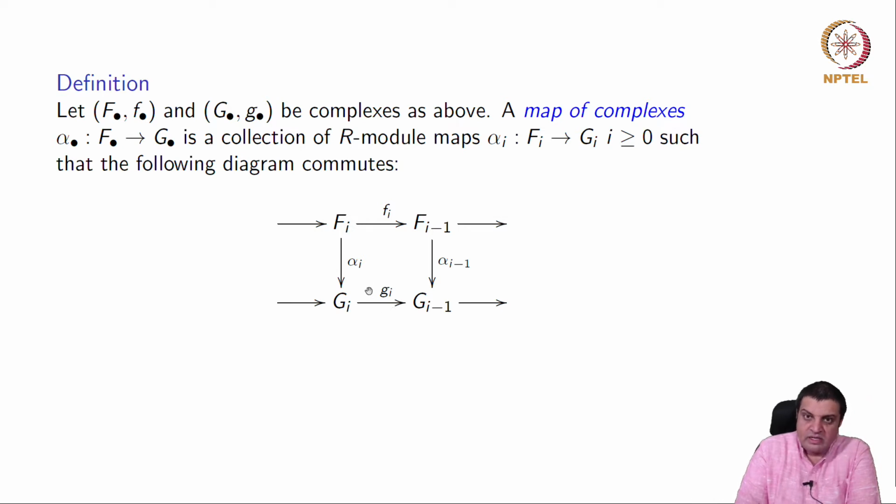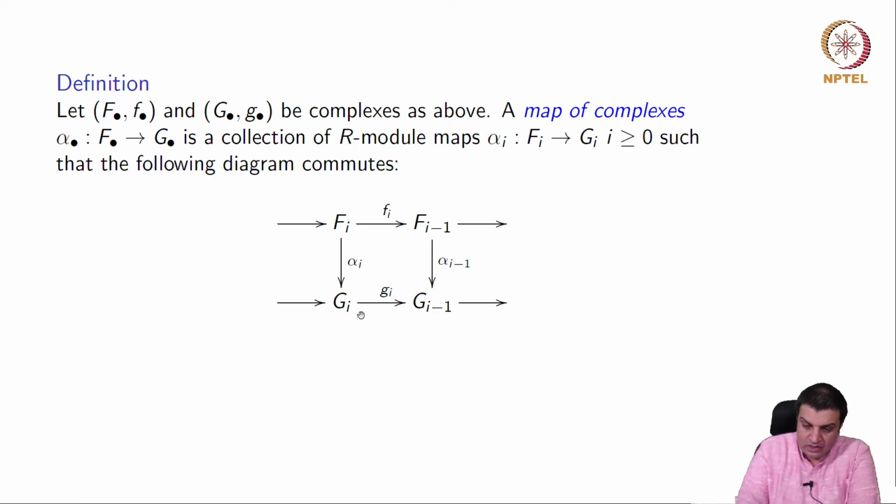What does it mean to say the diagram commutes? It means that between any pair of points, all the arrows going from one to the other give the same function. So in this case, there's only one to check, which is from Fi to Gi minus 1. There are two paths, Fi to Fi minus 1 to Gi minus 1, and Fi to Gi minus 1.